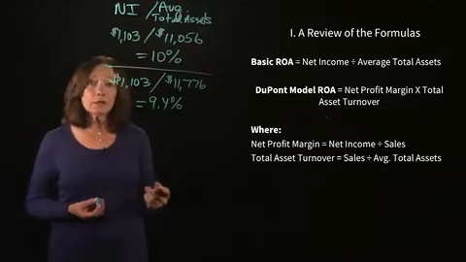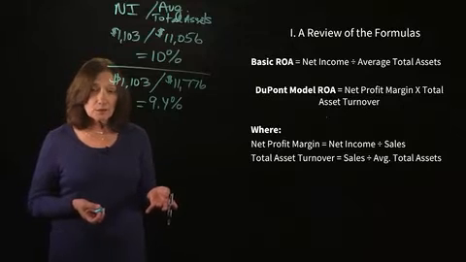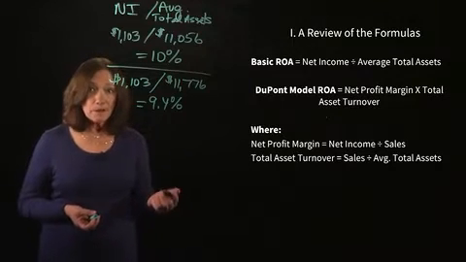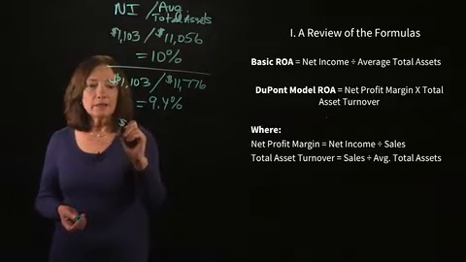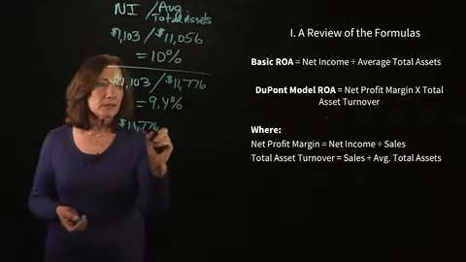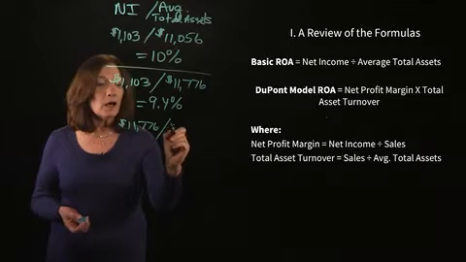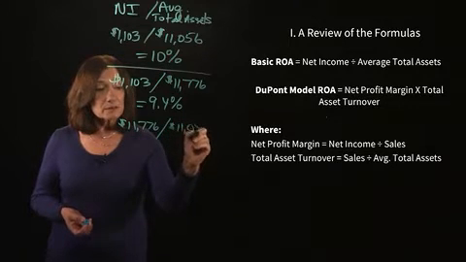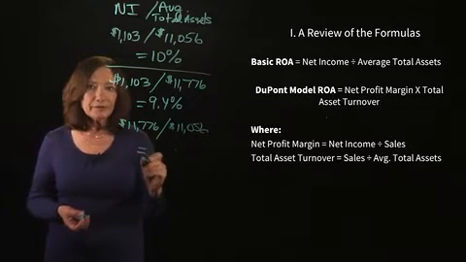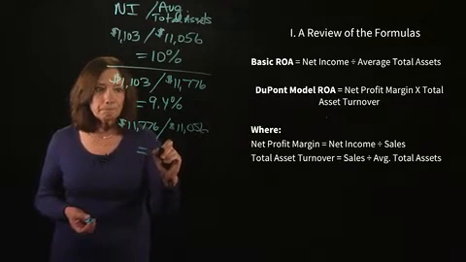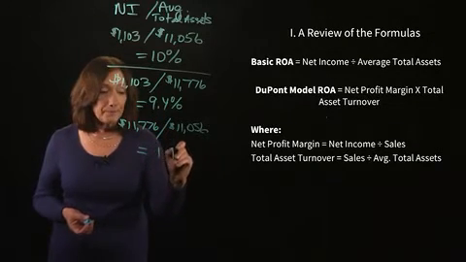Now the second part is to come up with our asset turnover ratio. So here we take our sales, that 11,776, and divide it by our average total assets of 11,056. Once we do that, we end up with 9.4. No, I take that back. We end up with 1.1.